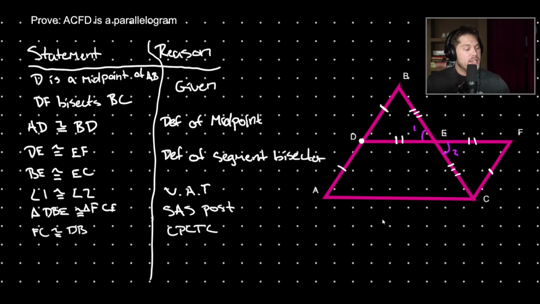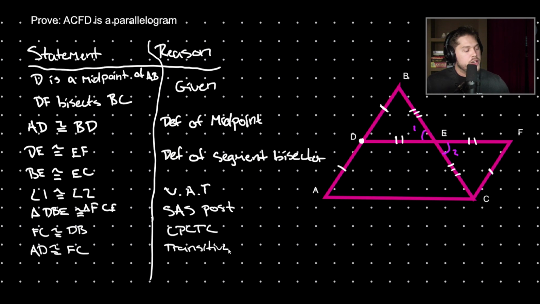And then we can say that AD is congruent to FC, and this is by the transitive property.